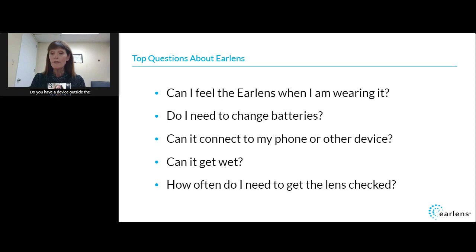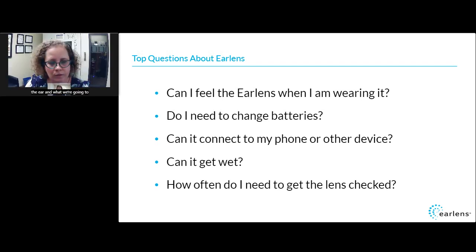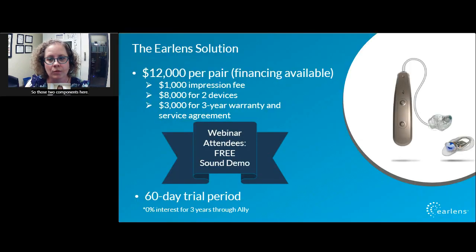I do have another question. Do you have a device outside the ear that goes along with Earlens? Yes, there is a device outside the ear, and let's go back a slide. So there are two components here. This is the lens component right here that's placed on your eardrum.